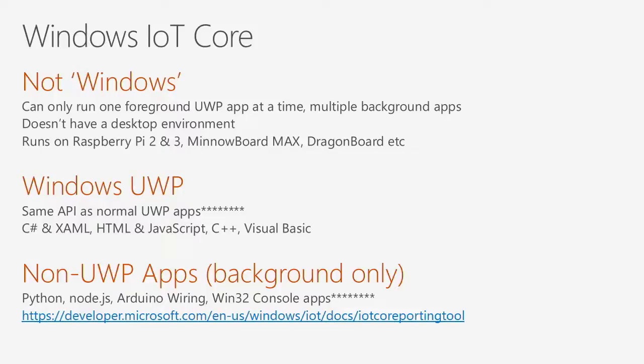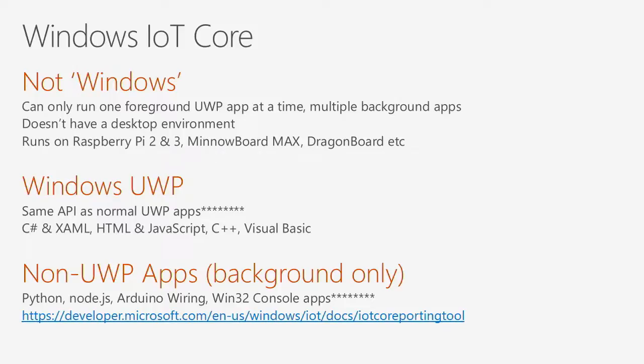But the great thing is you can work in XAML now. I absolutely love working with XAML and just being able to make UIs in Blend and then have it data bind to everything using the MVVM pattern. It is amazing. So now you can finally use XAML apps on the Raspberry Pi. And I think Telerik has controls that work with Windows IoT Core as well. So that's pretty cool too. And obviously you get HTML and JavaScript hosted web apps, C++, Visual Basic, that sort of thing.